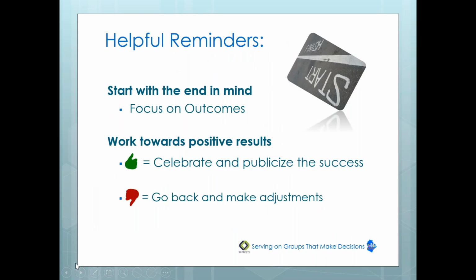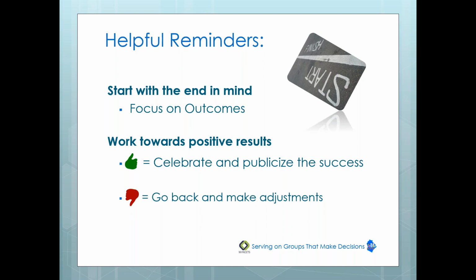Okay, so just a couple of helpful reminders for working in a group that uses guiding principles for shared decision making is to start with the end in mind. In other words, you want to focus on the outcomes and then work toward positive results. If the results aren't positive or not what the group hoped to have accomplished, then the group really needs to go back to the processes that they're using and make adjustments until they have a plan that is producing positive results.